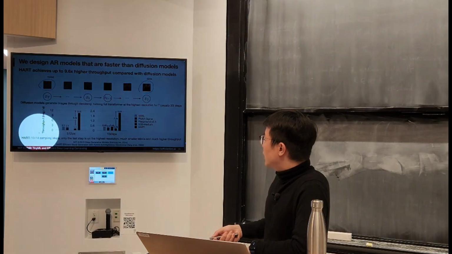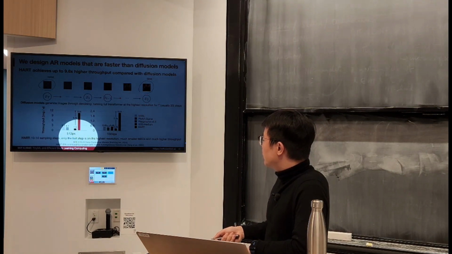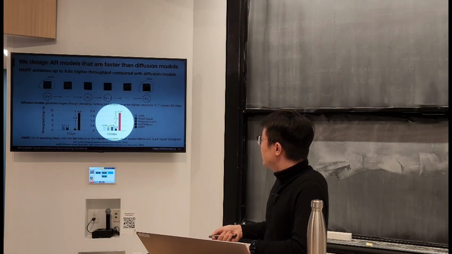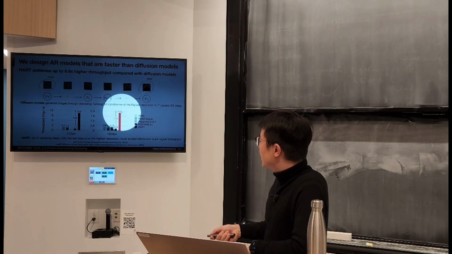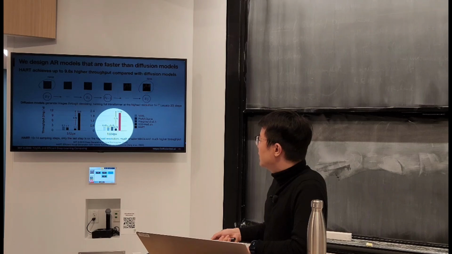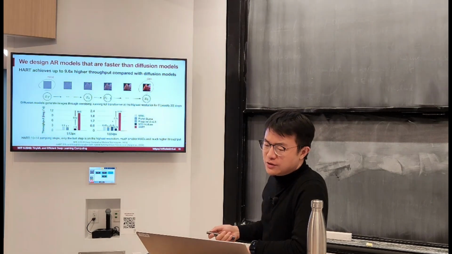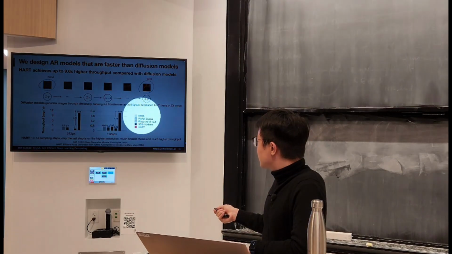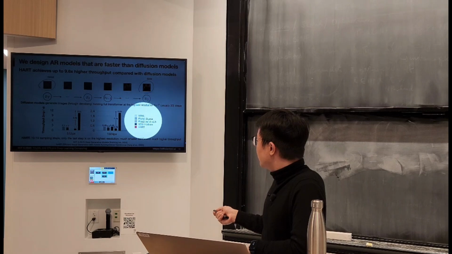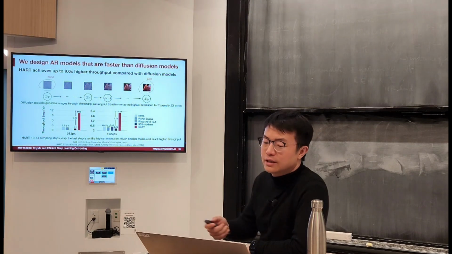Our method requires fewer steps and achieves much higher throughput, like 2 images per second compared with 0.2 images per second, much faster compared with SDXL, PixArt-Sigma, Playground, SD3, etc.